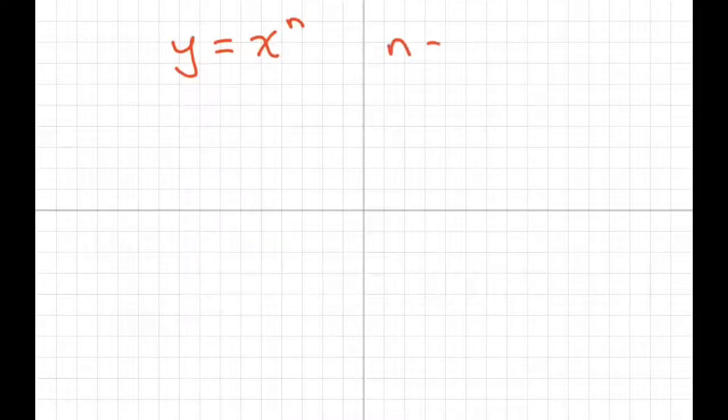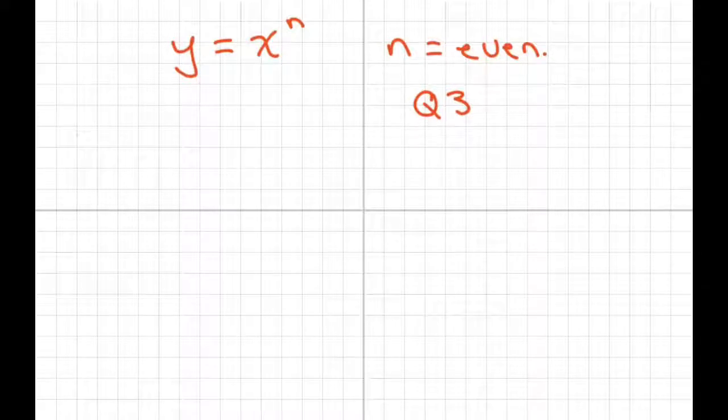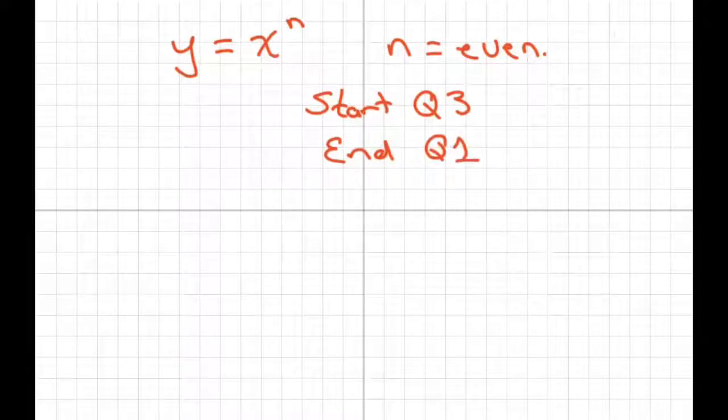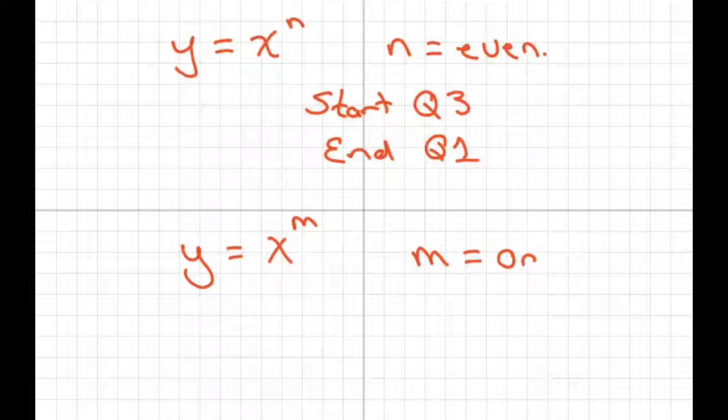Let's just write that. Anything with the even power, where n is even, you're starting in quadrant 2, sorry about that, and ending in quadrant 1.